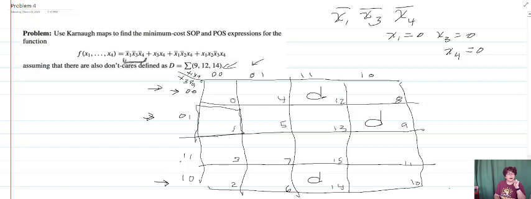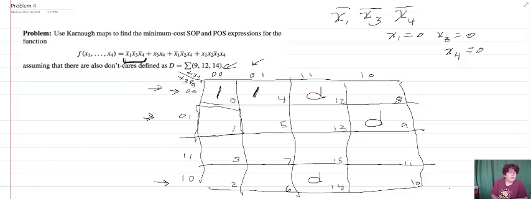And so the only places where they're all 0 are in this square and this square. I hope I said that right. So if you have 4 variables, that's a group of 1. 3 variables is a group of 2. 2 variables is a group of 4. And 1 variable is a group of 8.